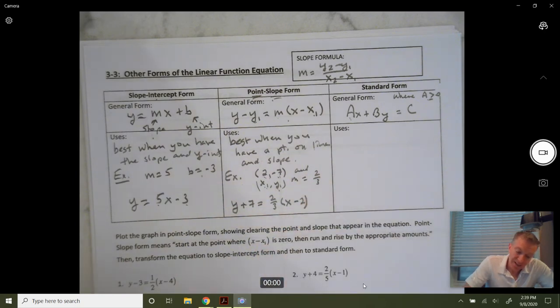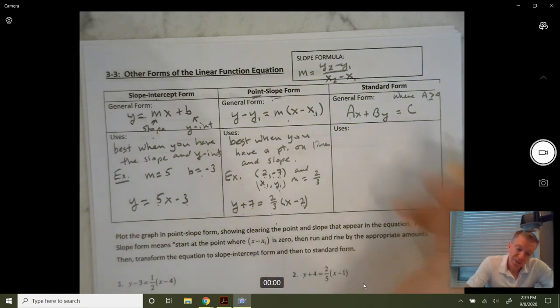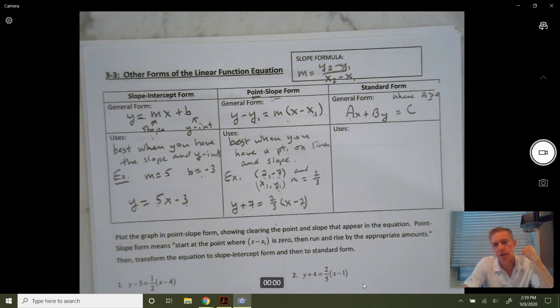Now notice, any point that exists on this line can be plopped in here. And once you multiplied this out and got the y by itself, you would get one unique form of slope-intercept form. And finally, general form is best when you want to plot something, if you just want to plot your two intercepts.